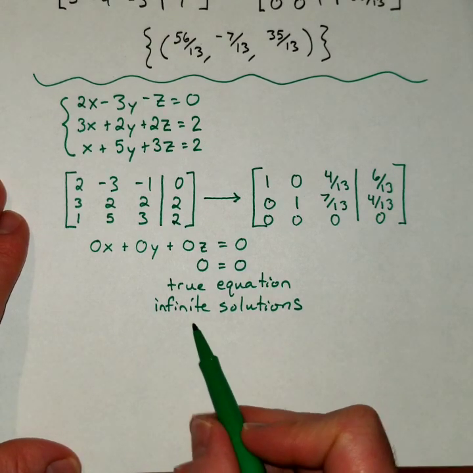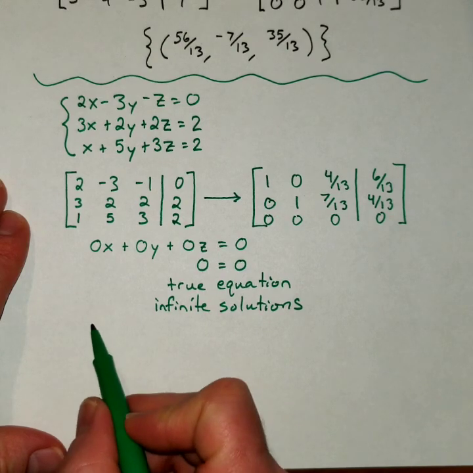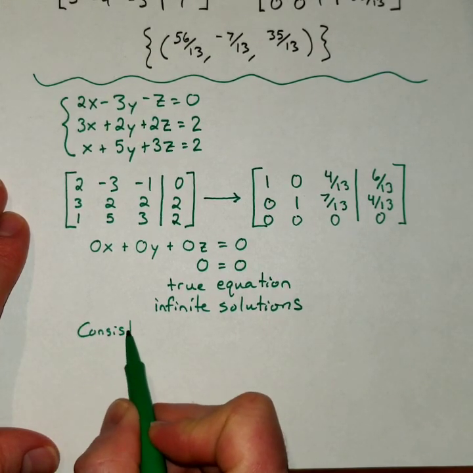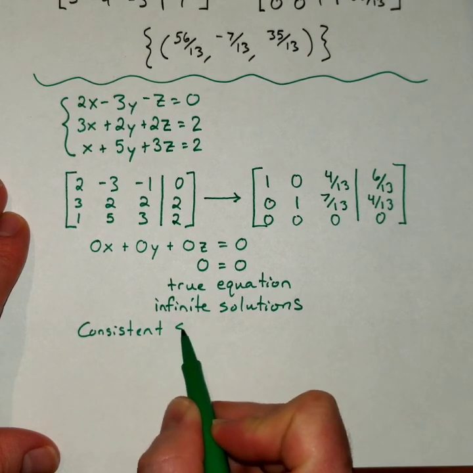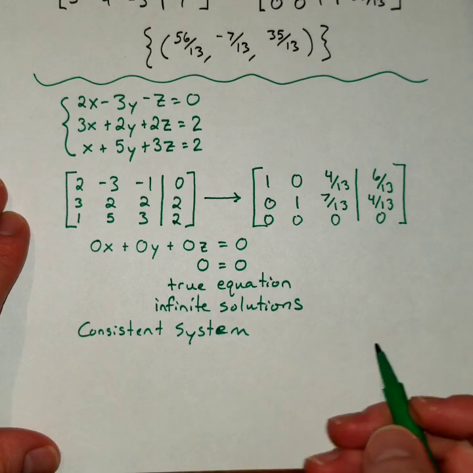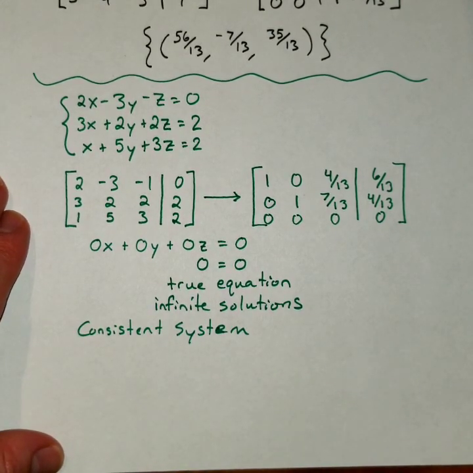Now, we categorize those. If they have infinite solutions, this is what we called a consistent system. Okay, so those were consistent systems. That's what we were looking at before.